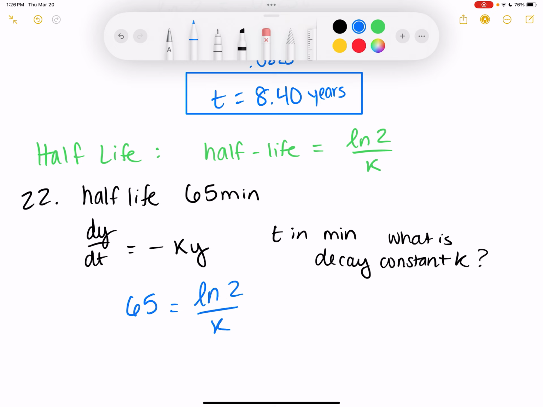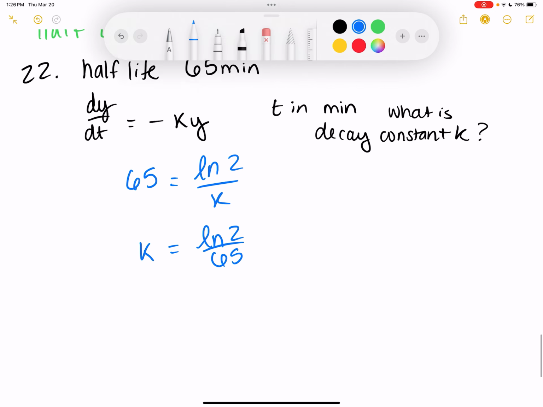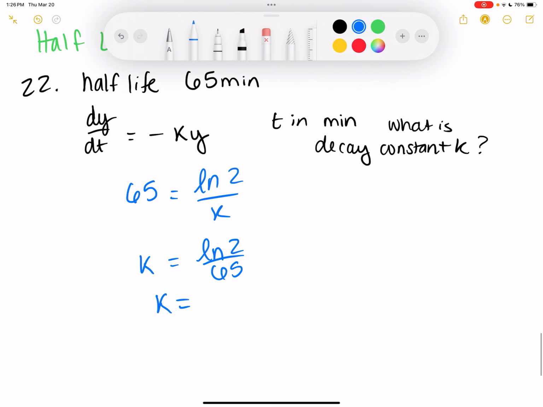So I literally just need to swap k and 65 and get k equals the ln of 2 over 65. So why did they give us all that other stuff? I don't know. But this is literally the formula and it gives you the right answer. You would think you should be using calculus to do this stuff, but you don't need to.